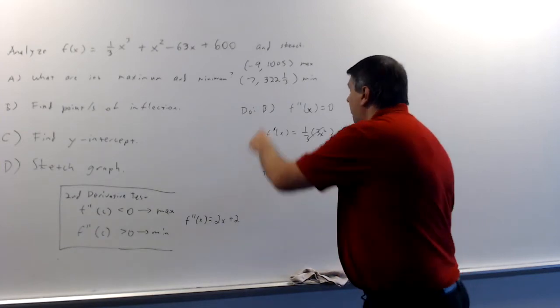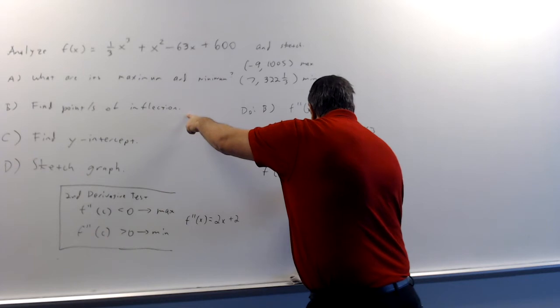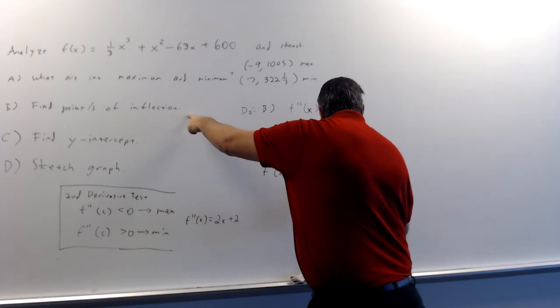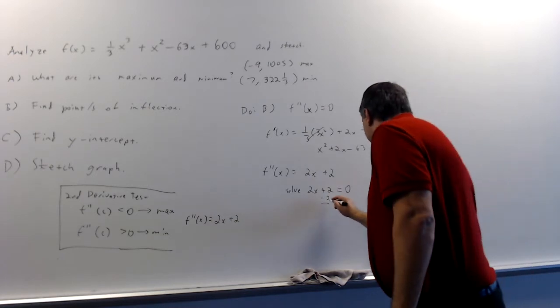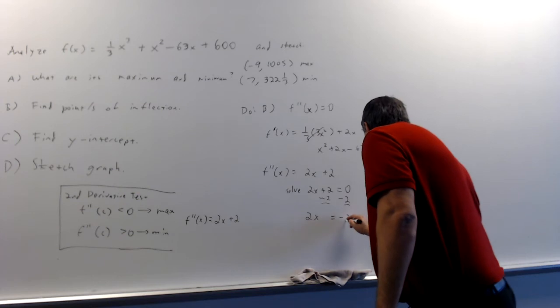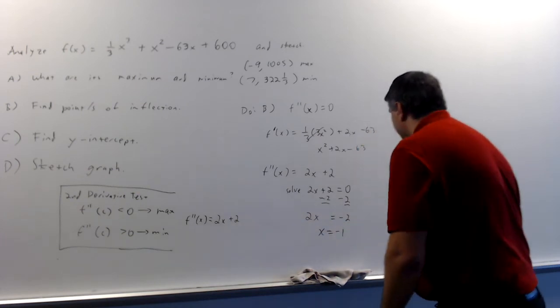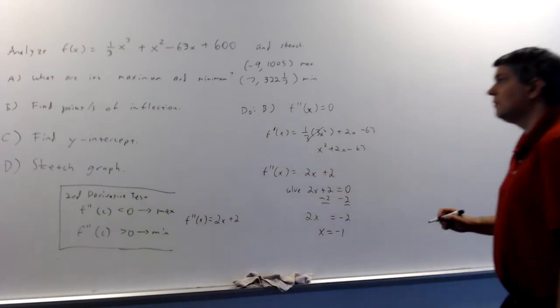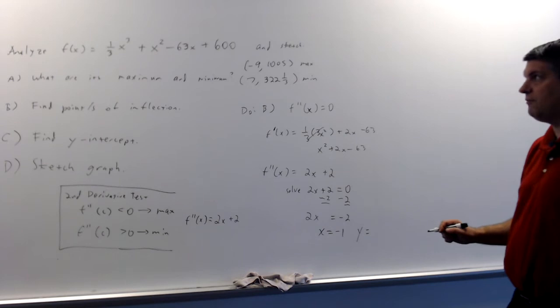So the point of inflection will be where the second derivative equals 0. Subtract 2 from both sides, 2x is negative 2. Divide by 2, x is negative 1. I've got to find the matching y for the point of inflection.